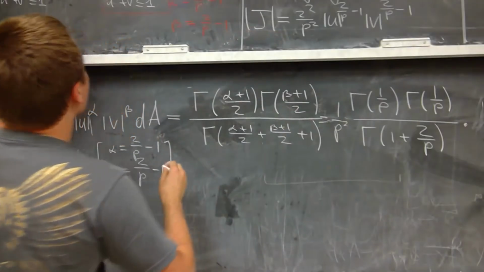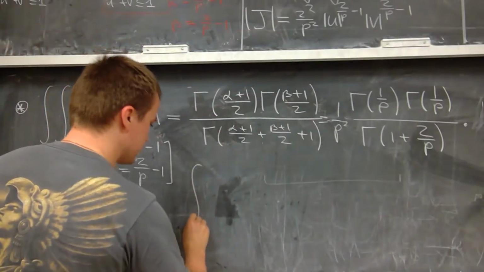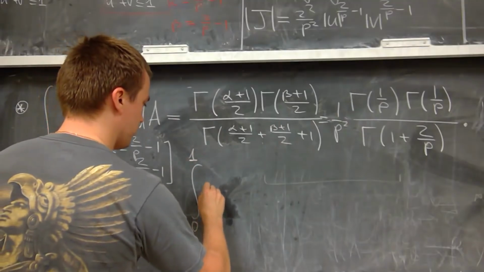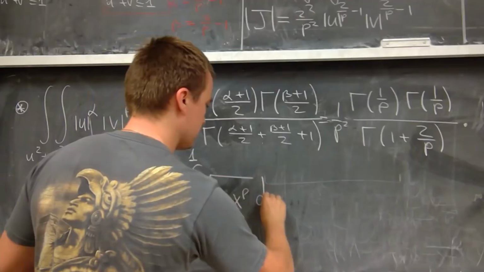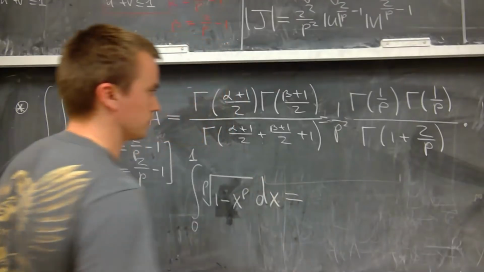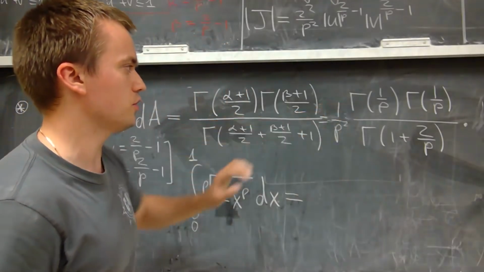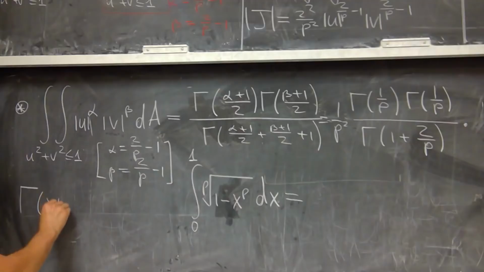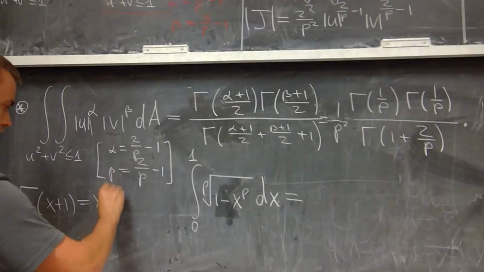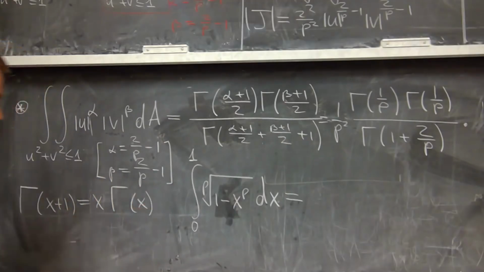So finally, my integral from 0 to 1 of p root of 1 minus x to the p dx is going to be equal to this. Here I'm going to use one property of the gamma function, which is gamma of x plus 1 equals x gamma of x.